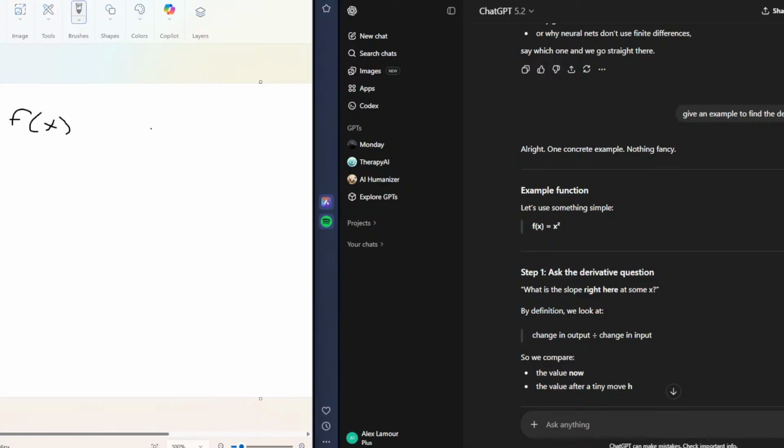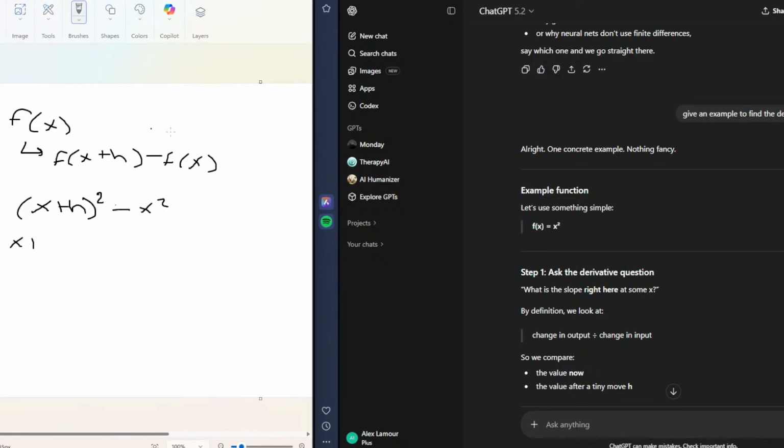and then you want to go to f of x plus h minus f of x, right? So this is going to turn into x plus h squared minus x squared, because this is just y, and we're saying plus x.